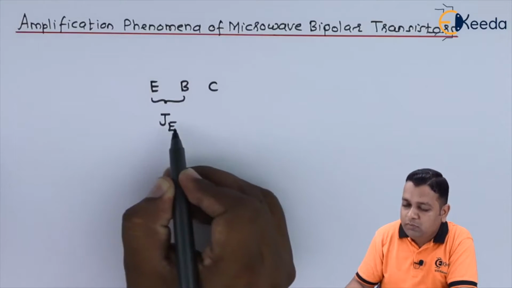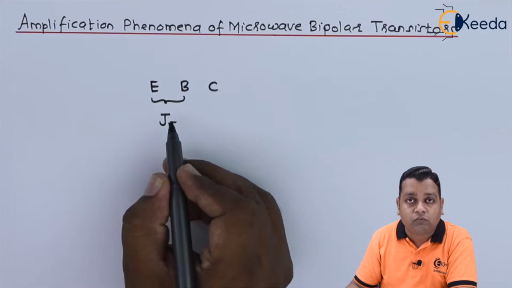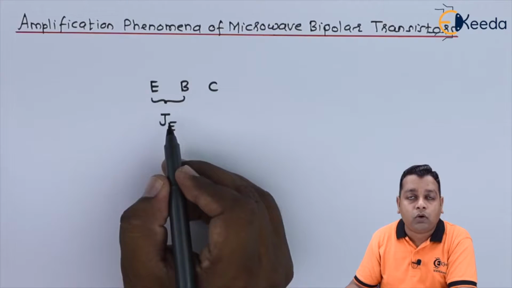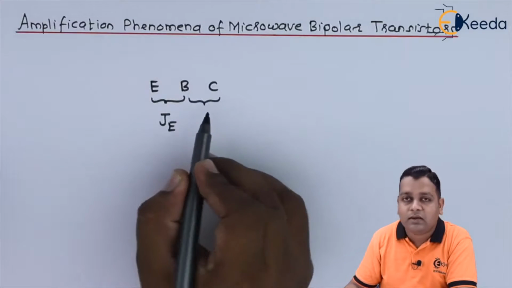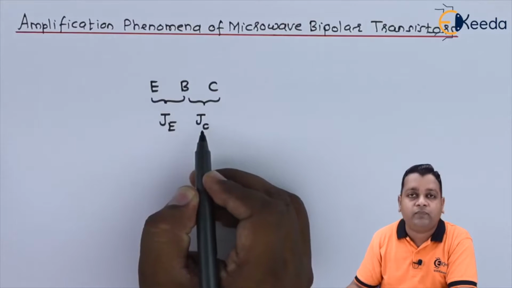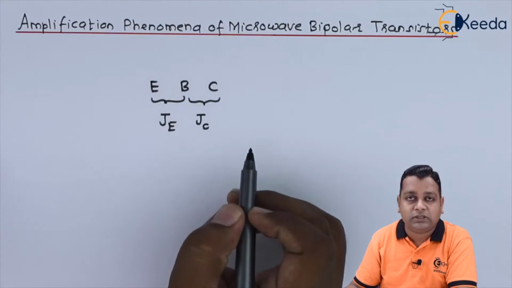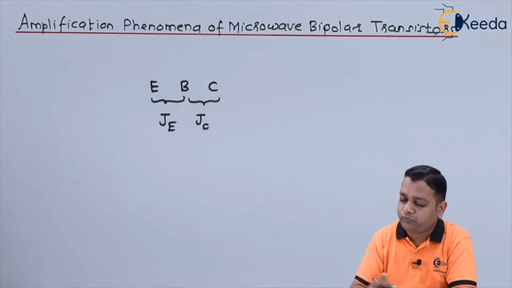We generally denote it by capital J suffix E. In the normal mode of operation, we want it to operate in the forward bias condition. Whereas the junction between base and collector, we designate with the symbol J suffix C, call it the collector junction, and for the normal mode of operation, we want it to operate in the reverse bias condition.